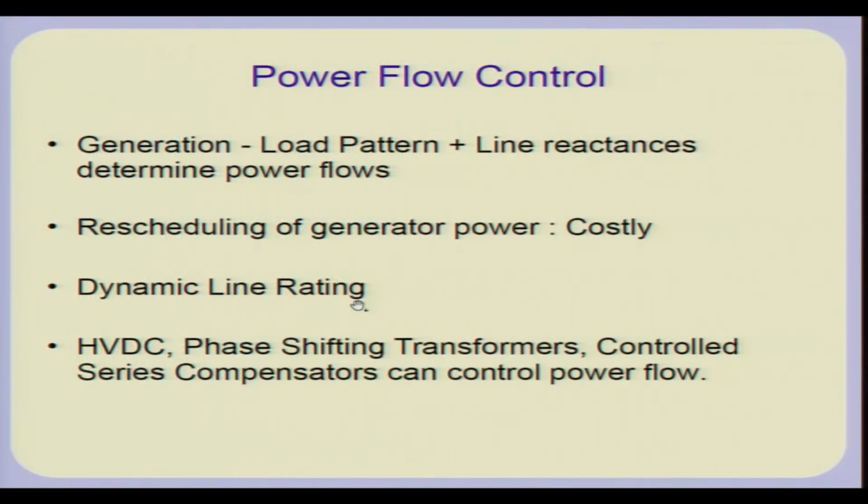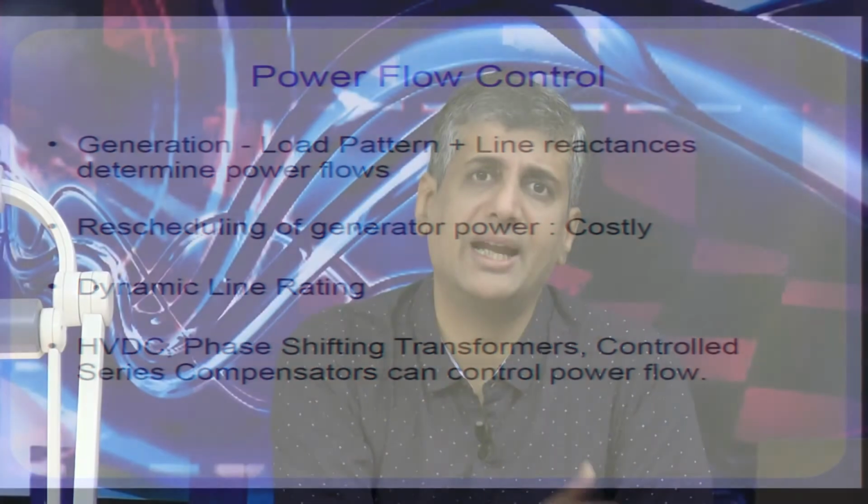Of course, one of the important things in real operation is to look at the dynamic line rating of a transmission line. Remember that the rating of a transmission line depends on ambient parameters like temperature, wind speed, and so on, and the amount of solar insolation.